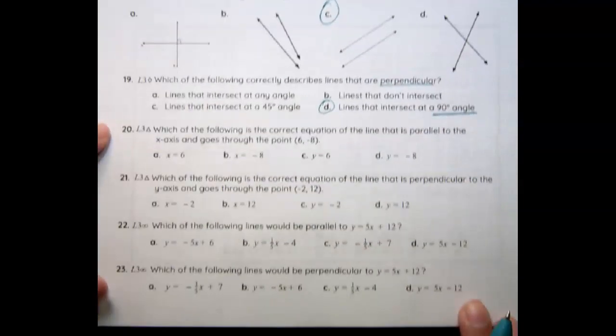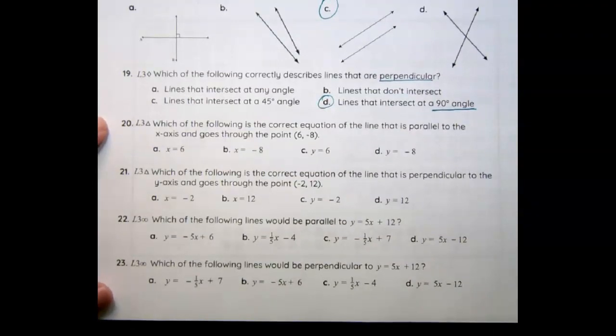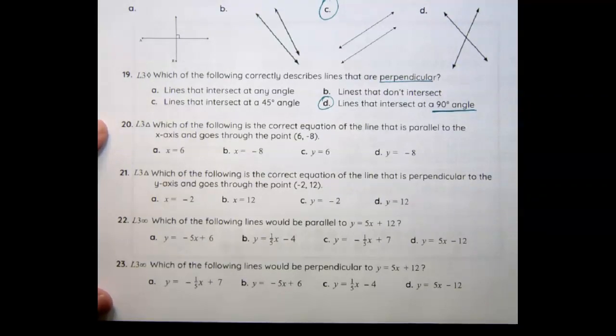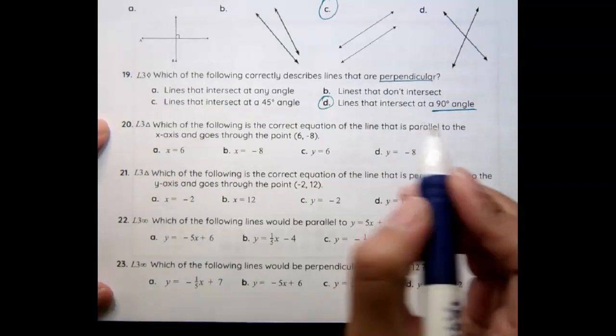All right, we're almost done. Which of the following is the correct equation of the line that is parallel to the x-axis and goes through the point 6, -8? So, if you're one of my kids, this will make sense. If you're not, this may not be exactly the way your teacher taught you, but it'll help.